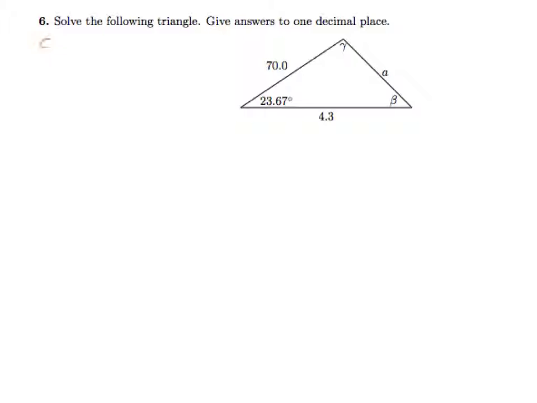So that equation would be a squared equals b squared plus c squared minus 2bc cosine of our angle. We'll call that angle alpha.